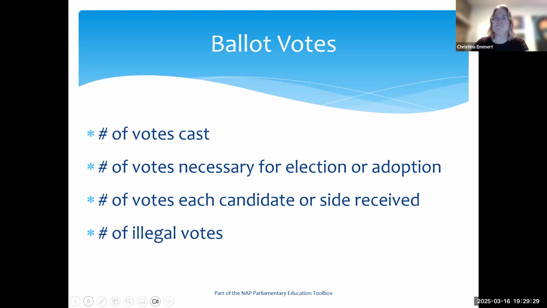The majority of votes are usually based on the number of votes cast. So of course, that's another thing where you would need to look in your rules and see if it just says a majority or if it says a majority of the entire membership or a majority of the members present. So that's where you start getting into what it is based on. But for the most part, it's based on the number of votes cast, not the number of people there.